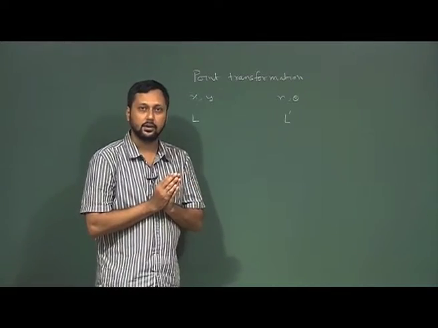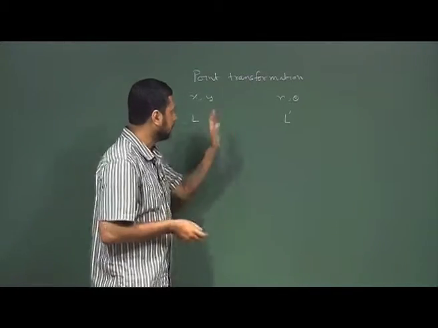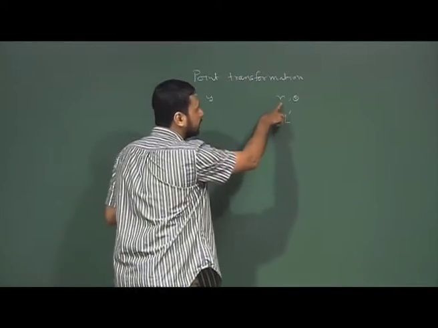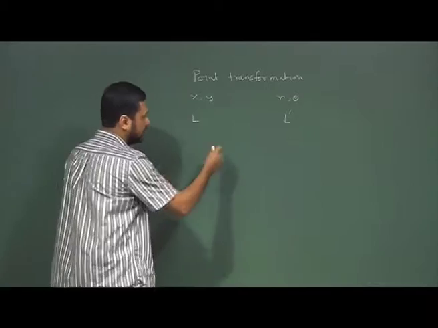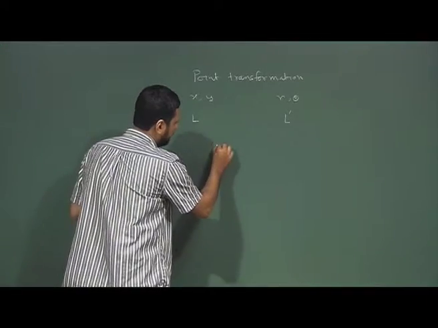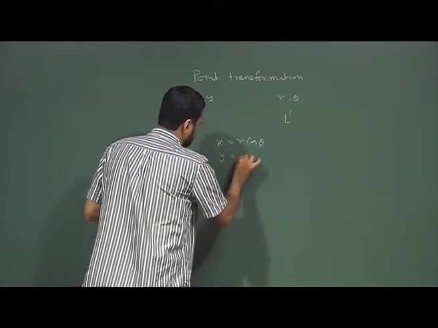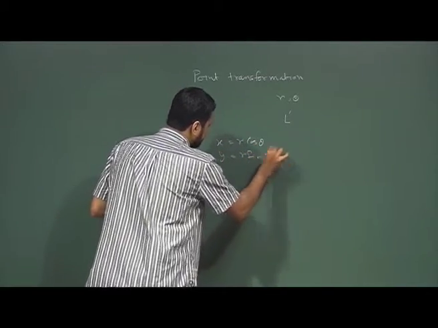But what is important to notice is that x and y are very strongly related to r and theta by a set of transformation equations: x equal to r cos theta and y equal to r sin theta.